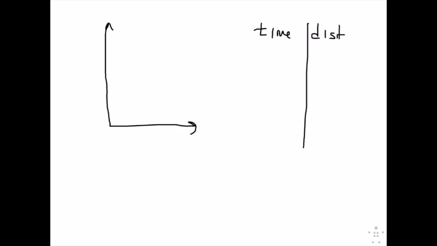Now, let's say, however, that we have, I don't know, time and distance. First you'd have to decide what's your independent and what's your dependent, but let's assume time was the independent. So now you would label this as time, and you would put the units like seconds, and this would be labeled distance, and the units, maybe feet.